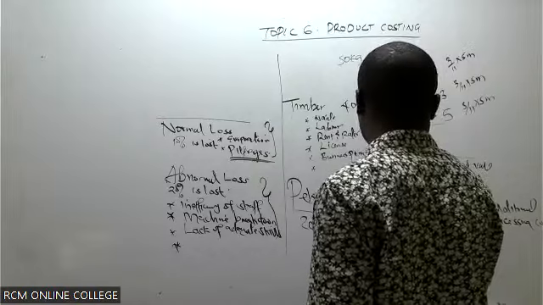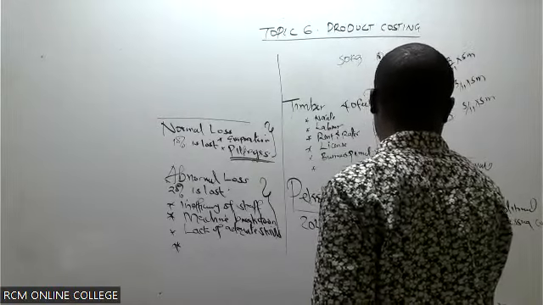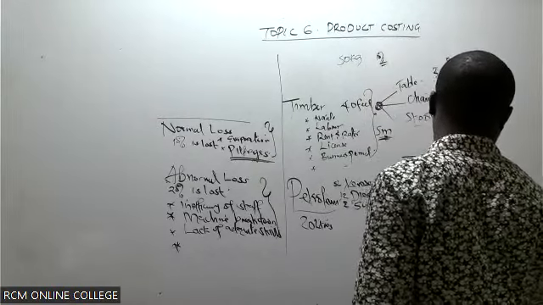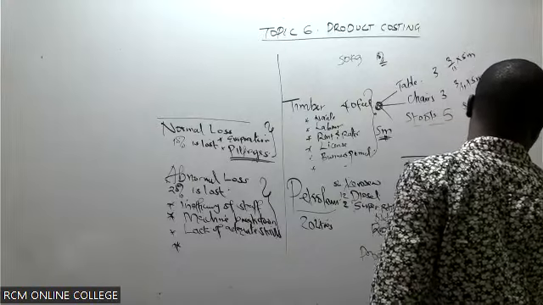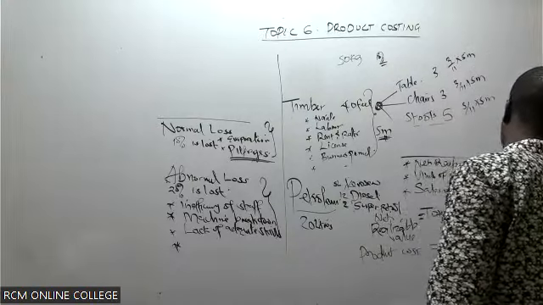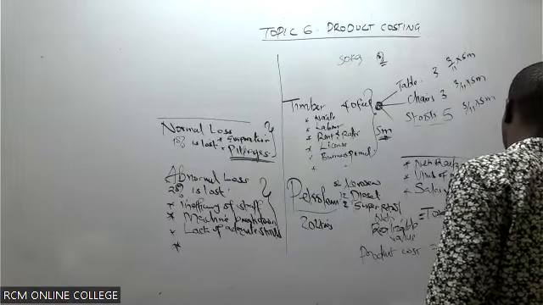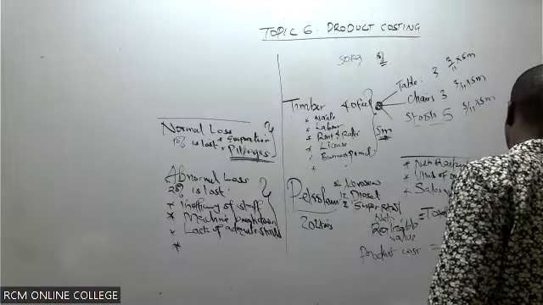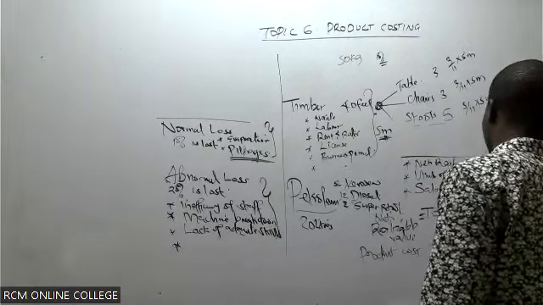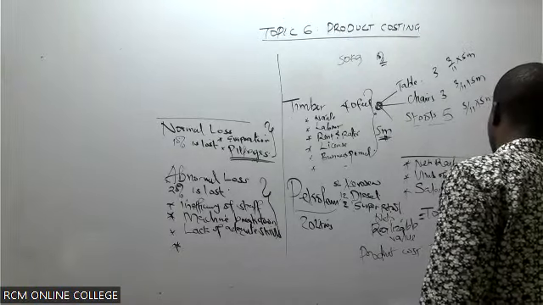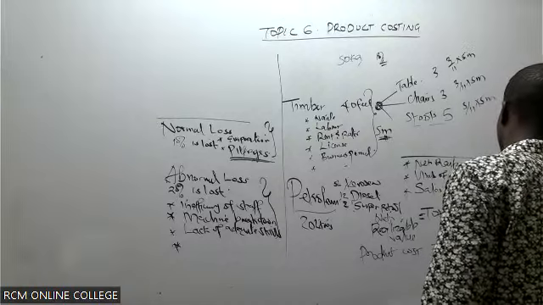Product cost is equal to total costs of inputs divided by expected output.